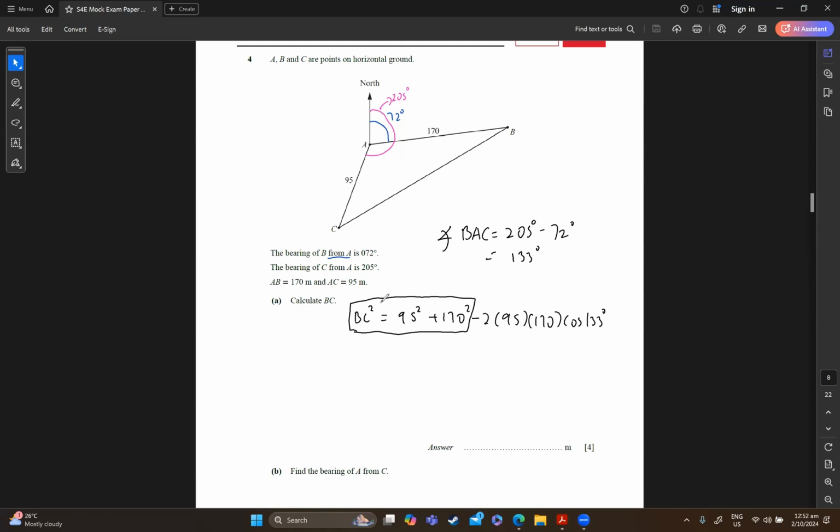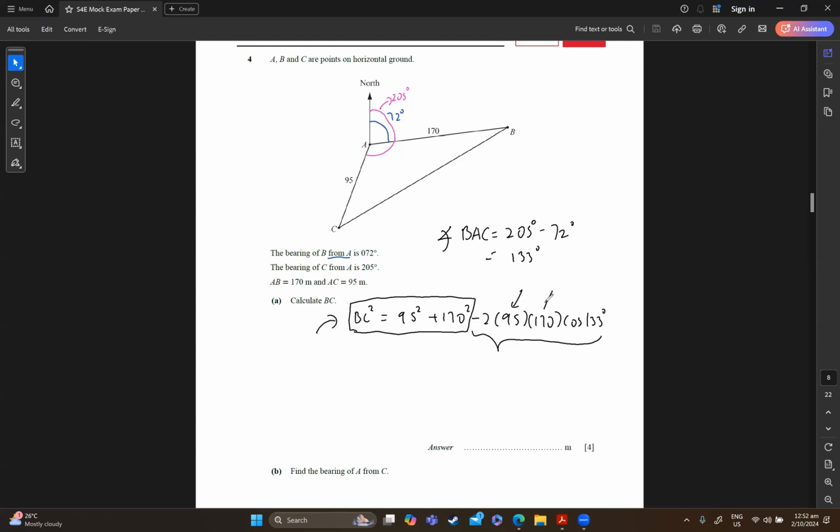Actually any length can be the hypotenuse in the cosine rule. So let's say BC is the hypotenuse, that should be the subject of the equation. Then you just put the two sides, square it. Then on this side, you just put 2ab. It follows a bit like your special product, the a squared minus 2ab plus b squared, something like that. So this is your 2ab.